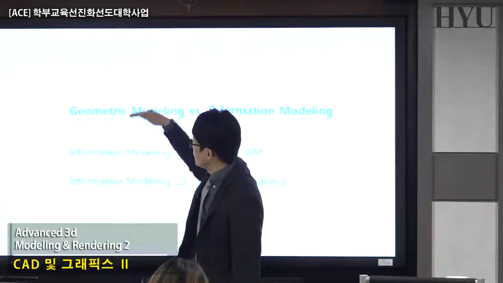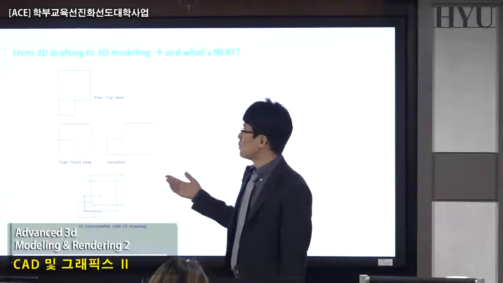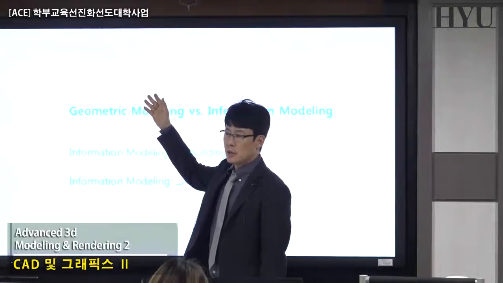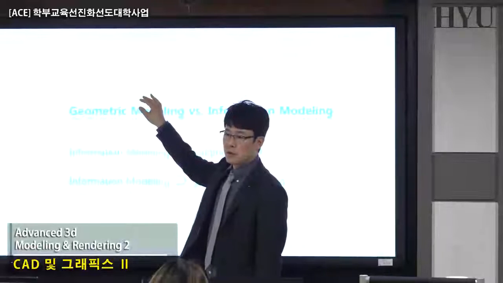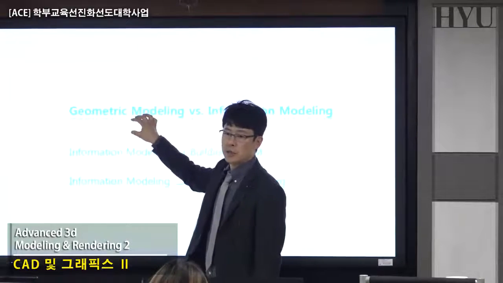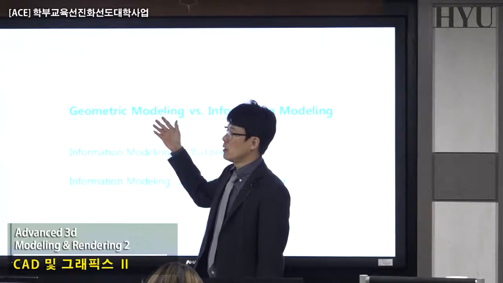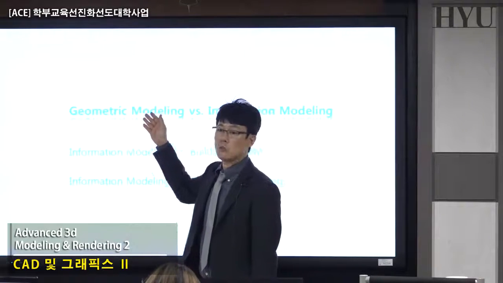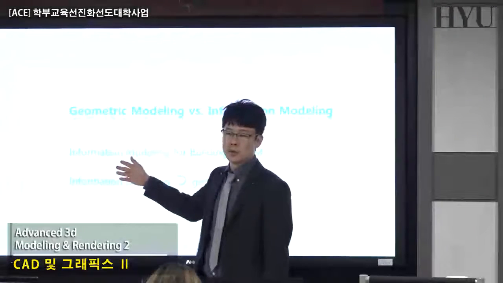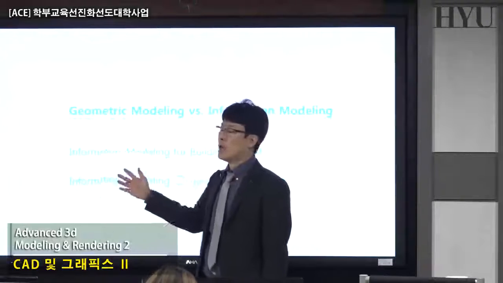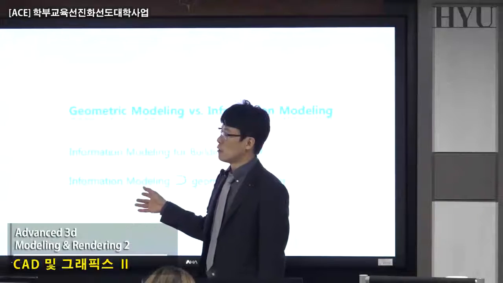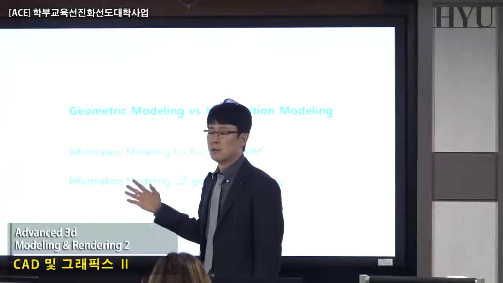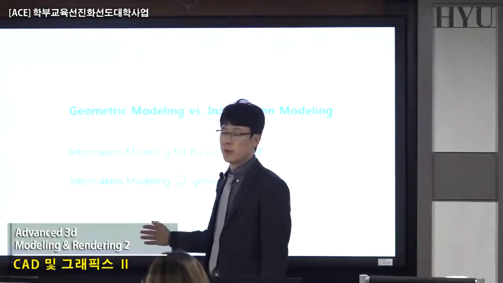In that diagram that I showed you before, 2D drafting is totally contained by surface-based 3D. Surface-based 3D modeling is totally one part of solid modeling. Solid modeling is also part of parametric modeling. Parametric modeling is one subset of information modeling, building information modeling.